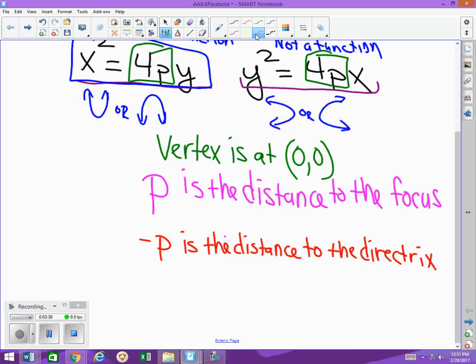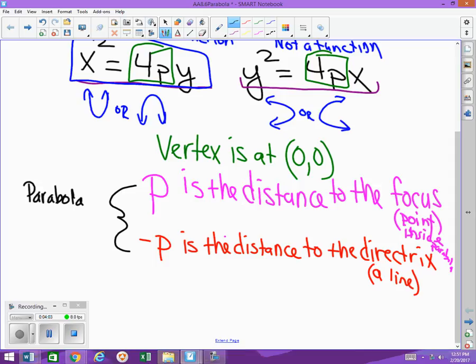Now, the focus is a point, and it's inside the parabola. The directrix is a line. And the significance of these two things is that the parabola is equidistant from both.